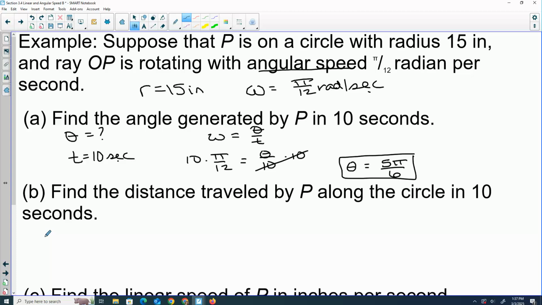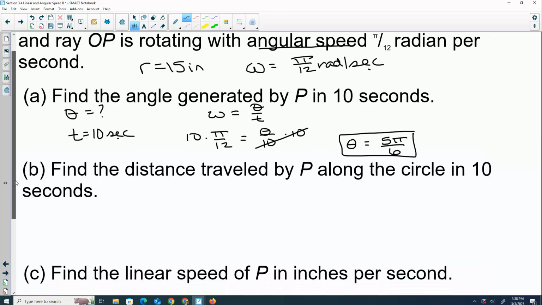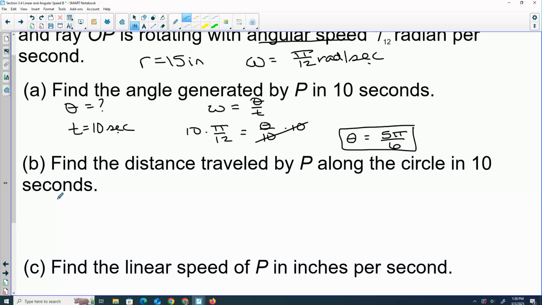Part B. Find the distance traveled by P along the circle. What variable is distance along a circle? So I'm looking for S. And we're still talking about 10 seconds. So my options, I need a formula with S. S equals R theta.